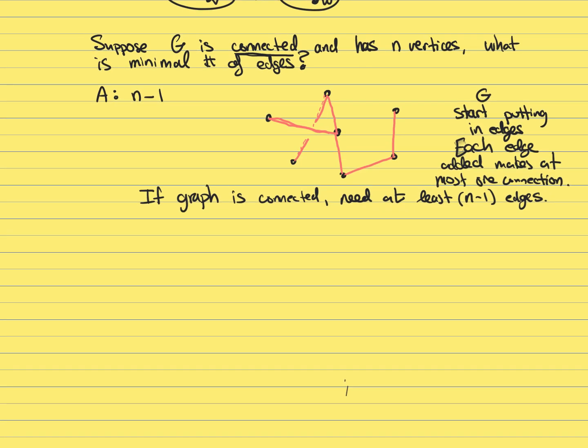We call such graphs trees. So a tree T is a connected graph. There are a number of different ways to define a tree, but it is a connected graph with n vertices and n minus 1 edges.